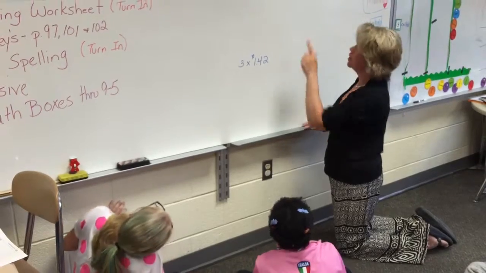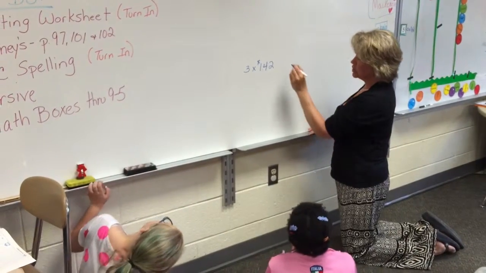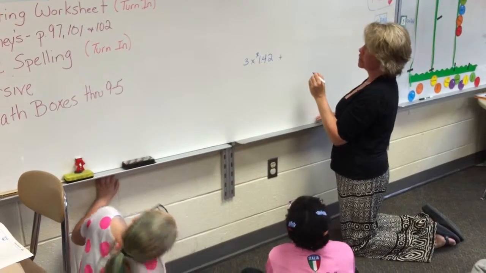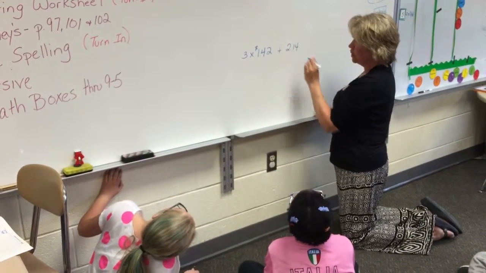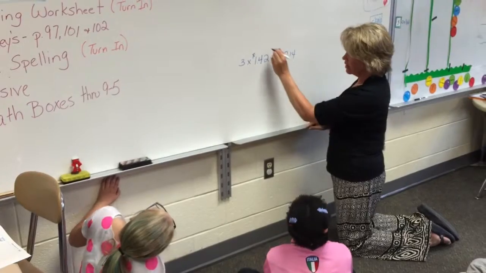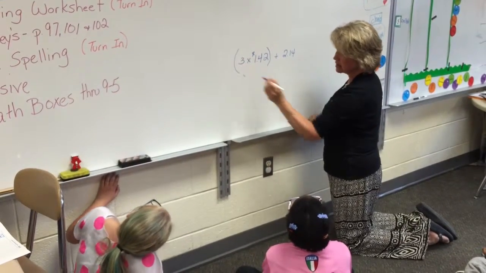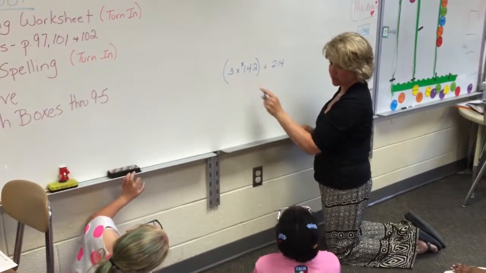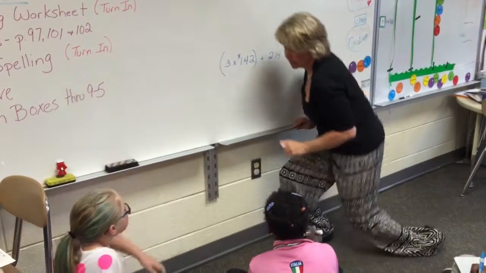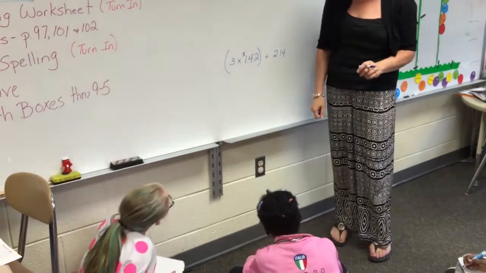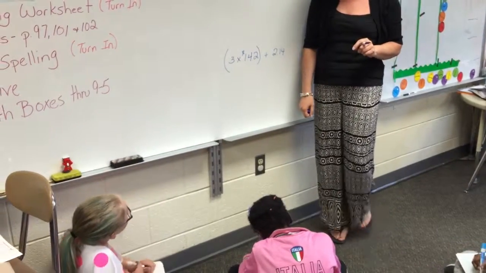We're going to add paper too. So we also need to add how much paper? How much does paper cost? $2.14. But we learned a fancy trick yesterday. That if we put parentheses around this, that says do me first. Okay? So I want you to work on the multiplication problem, and then you'll watch us do the butterfly and see how it all works together.